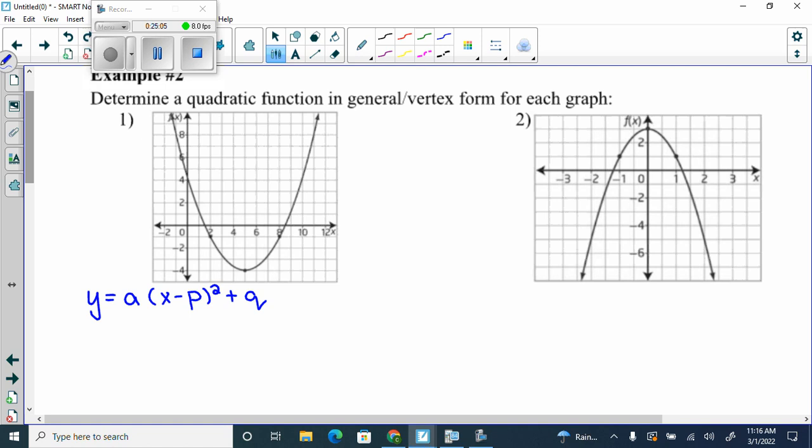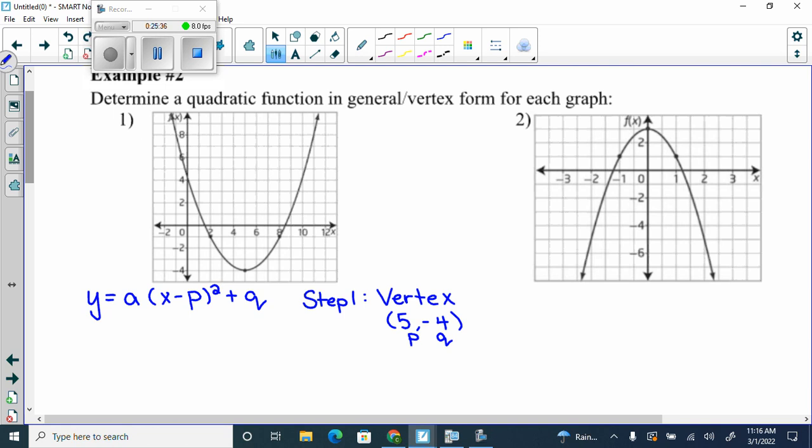So step 1 is to get your vertex. What is the vertex of this graph? 5 and -4. And I need to input them in as my P and my Q, correct?